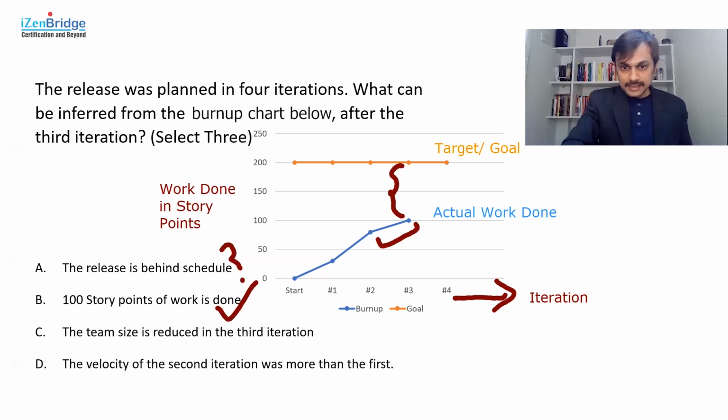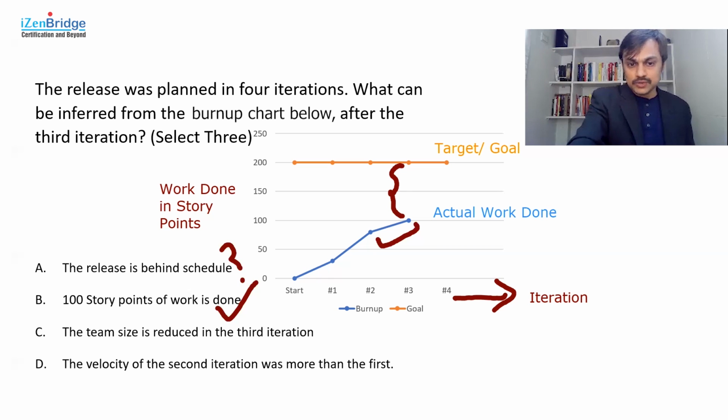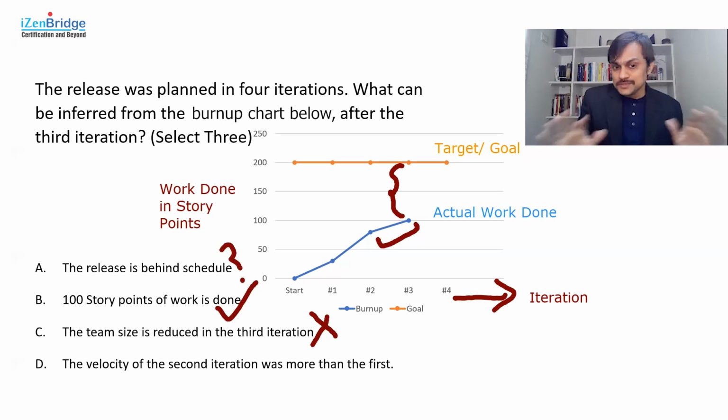I can say that, but clearly focusing on team size, there could be some challenges, there could be some poor technical results, there could be something. So it's very difficult to say that I have a team size reduced in the third iteration. I probably will not go with this, and I only have to find one false option. So technically, as soon as I see option C, I am done. I know what the answer is.